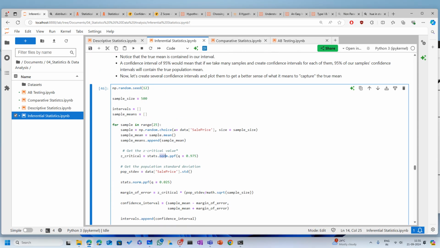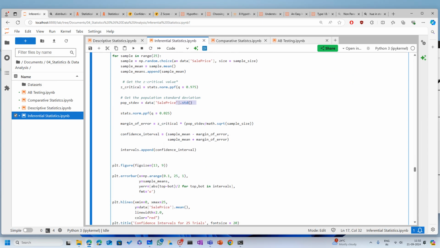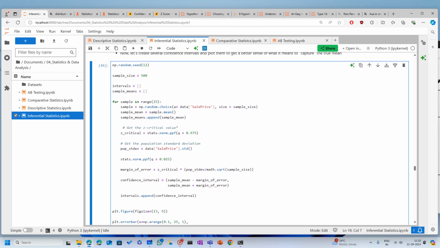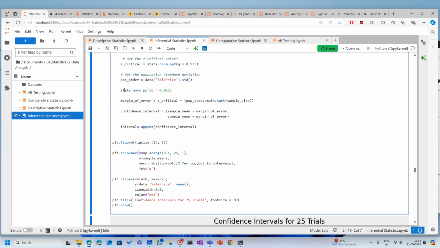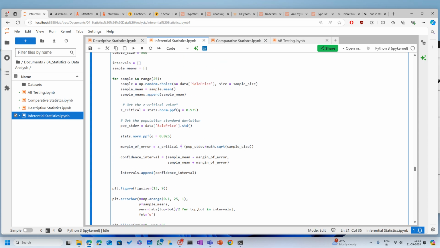They have just taken a normal distribution. For that they have calculated ppf, standard deviation. All these functions are already readily available in statsmodels. If you import statsmodels, you will get all this. They have taken the square root.